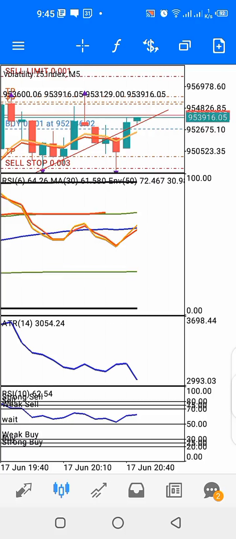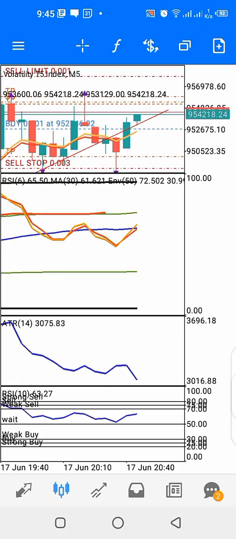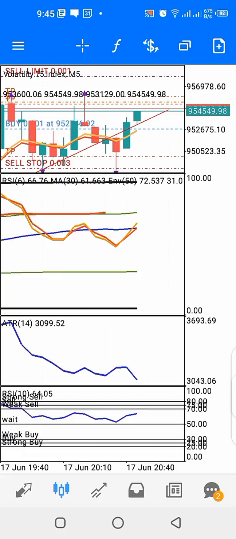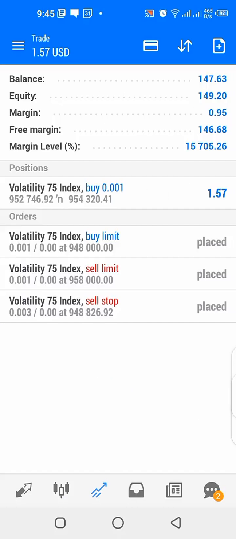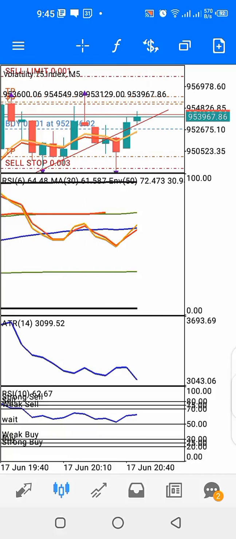In contrast, the stop loss for my running buy trade, I placed it around 80 points below the take profit of my sell stop order. Now the price is going towards the take profit of my buy trade. I expect to make 2,500 points from this running trade.